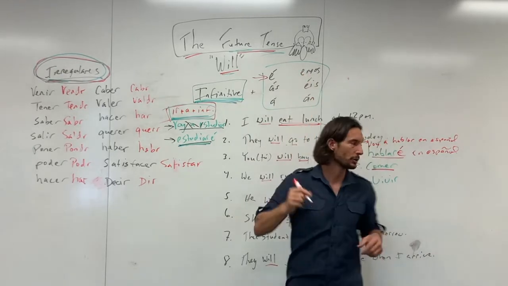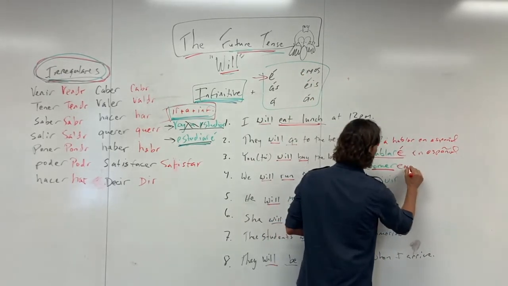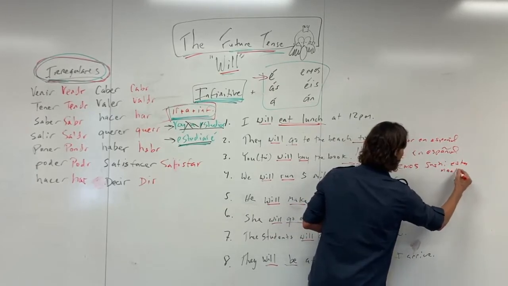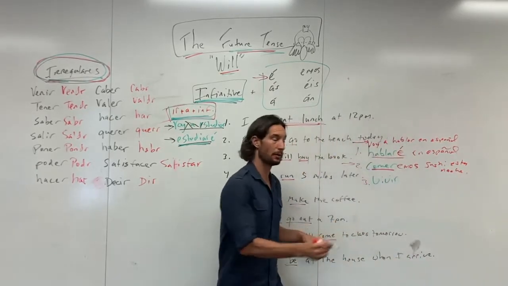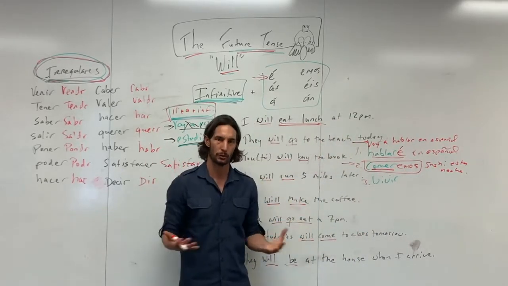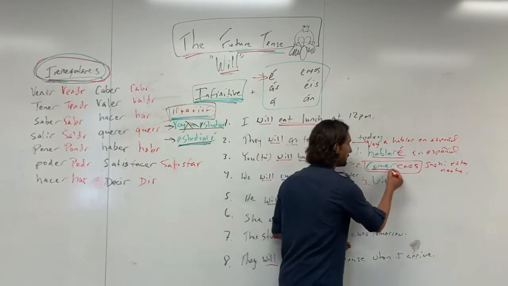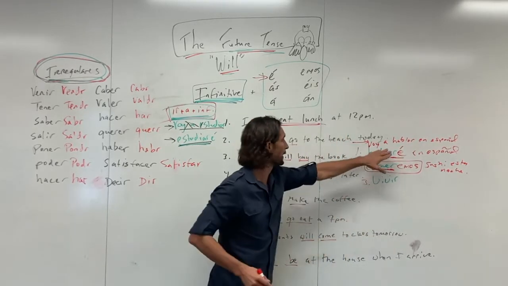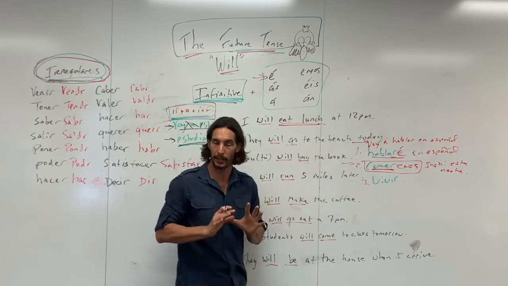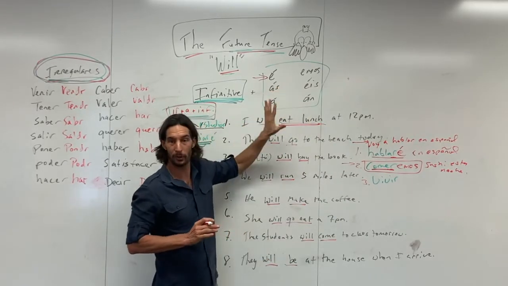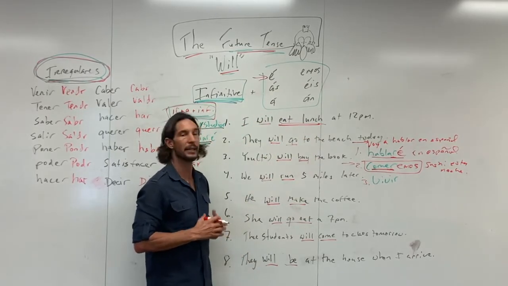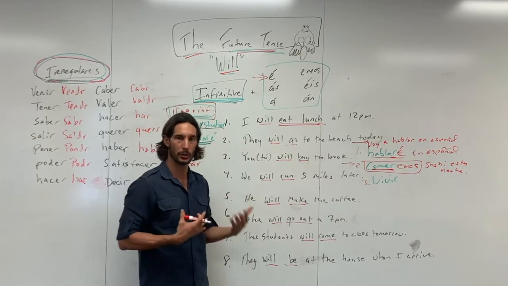So we have to use emos, and we're going to attach it right to the end. Sushi esta noche, right? So check this out. We have comer, and then we attach emos, so we get comeremos, right? Again, we have an AR here, we put these endings, we have an ER here, put the very same ending. So these endings are going for all verb types. Hopefully that makes it easier to memorize as you start to learn the future tense.